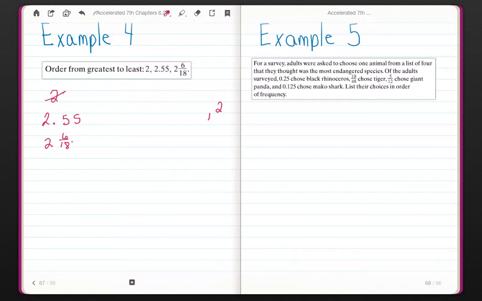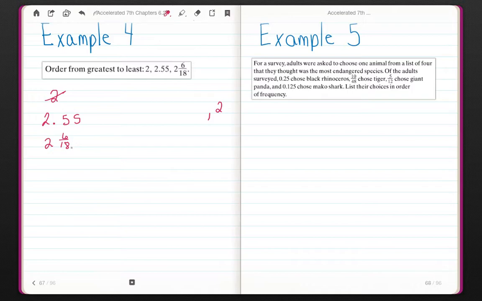So I'm going to ask myself, is one of these greater than half or greater than 2.5, and is the other less than 2.5? Well, I know 2.5 is 2.5, and 2.55 is greater than 2.5. And I know that half of 18 is 9.